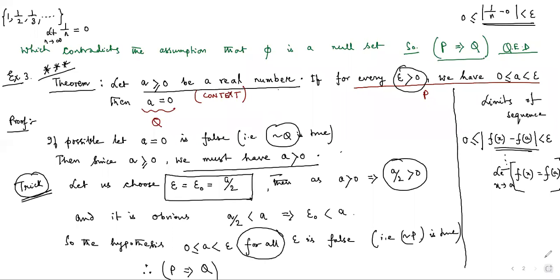By similar argument, you can also prove, I am leaving it for you to prove, that root 2 is an irrational number.